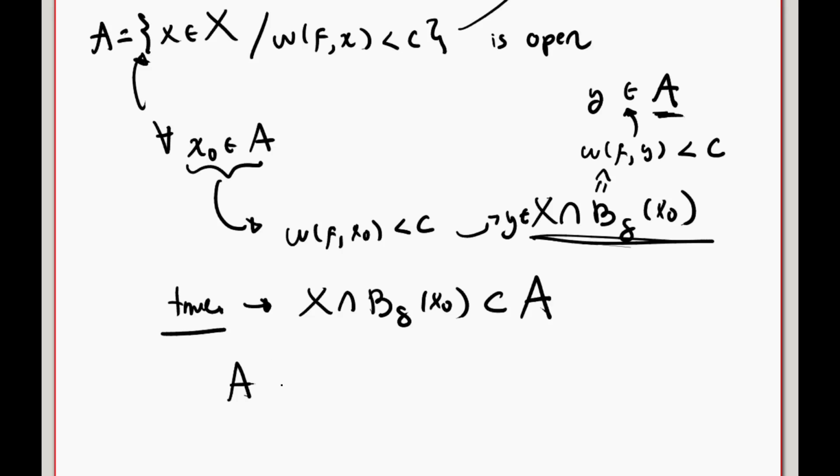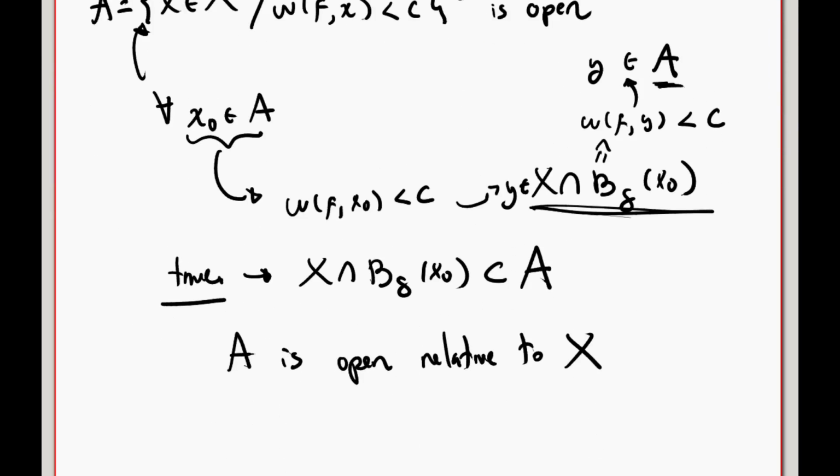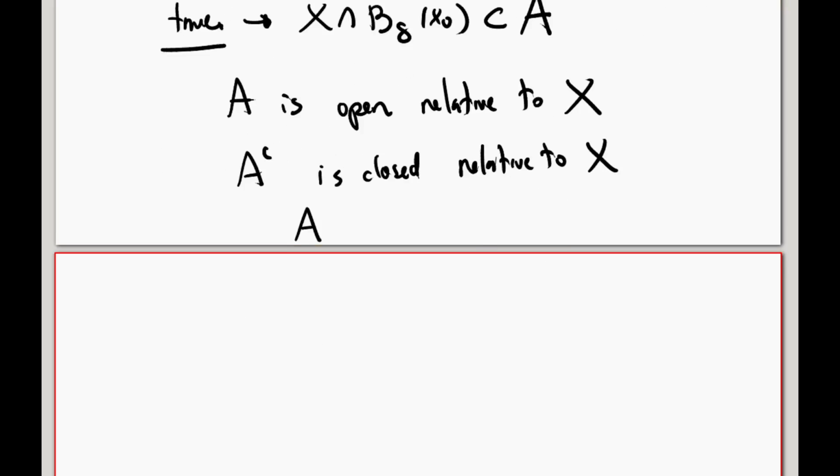Then this implies that A is open relative to X. So it is not open relative to the whole space, but open relative to X. So the complement of A is closed relative to X. So let's now reinvent general topology.